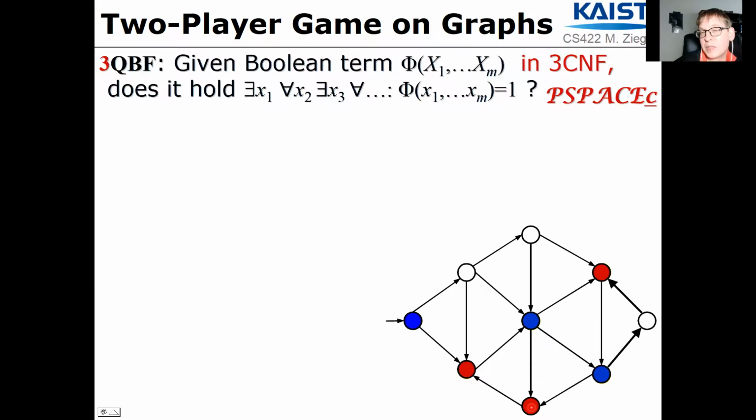And now it's the blue player's turn, and the blue player has no option left because the only successor node is this one, and this is already occupied by a pebble. As a matter of fact, by a red pebble, but it doesn't really matter. What matters is that any successor node is already occupied, and in the game it's prohibited to remove pebbles, only placing pebbles is permitted, infinite supply of pebbles.